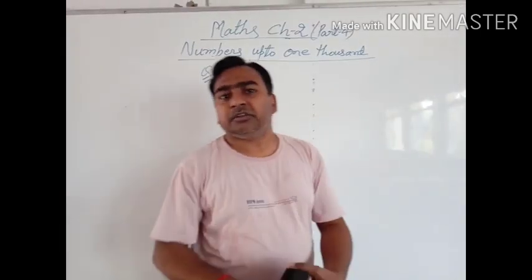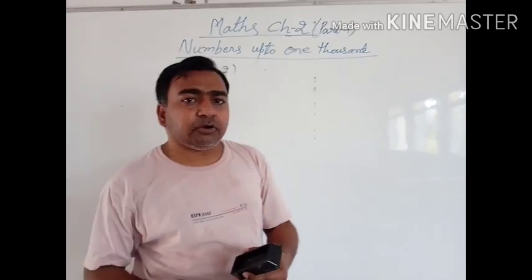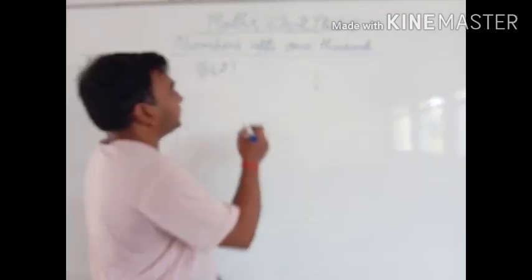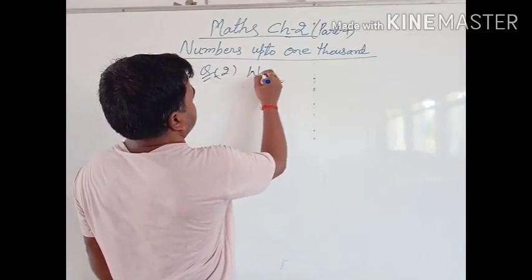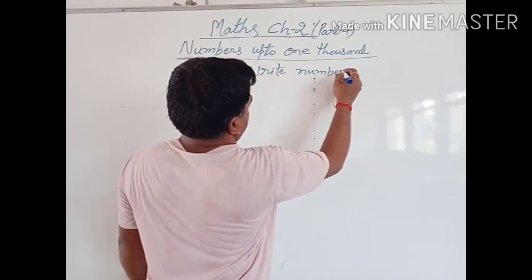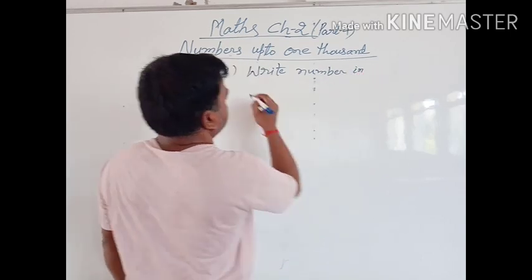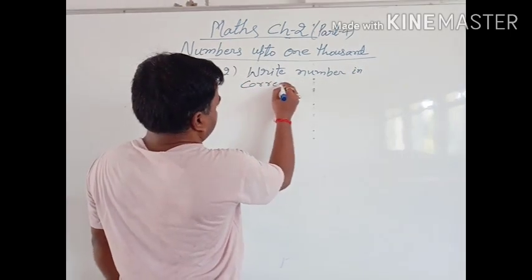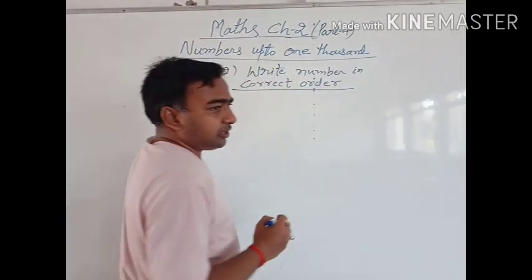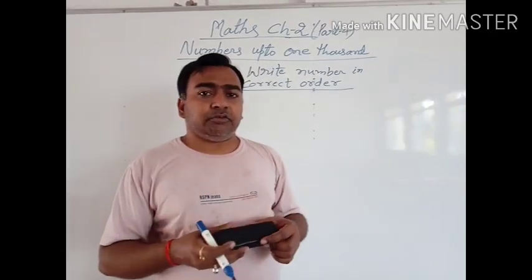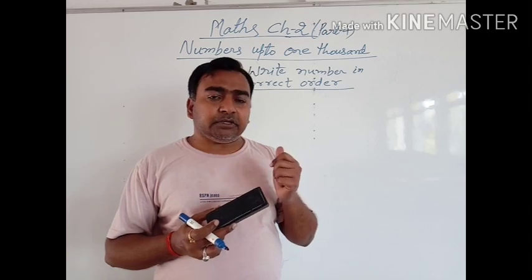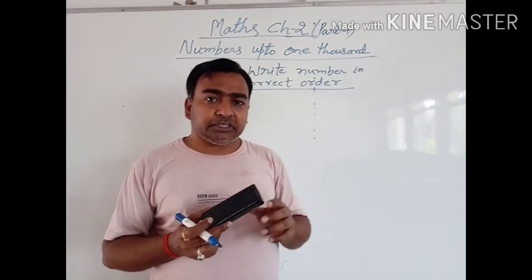After this, we will learn how to complete the table, how to write numbers in correct order. We already know the table and counting from 1 to 100.